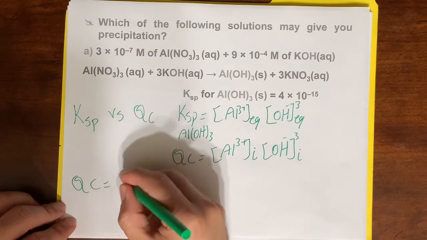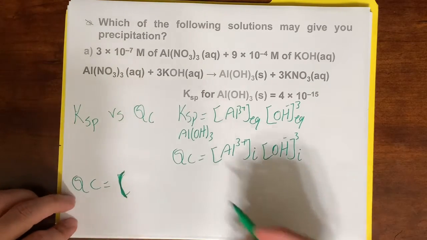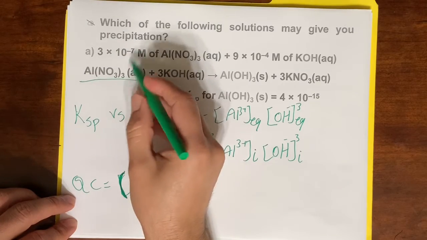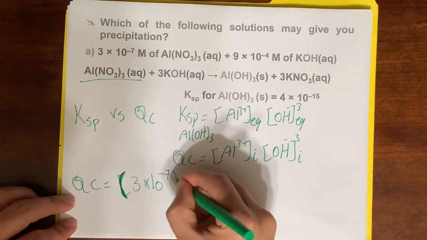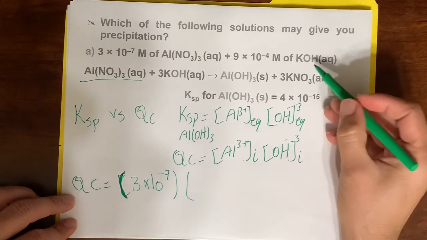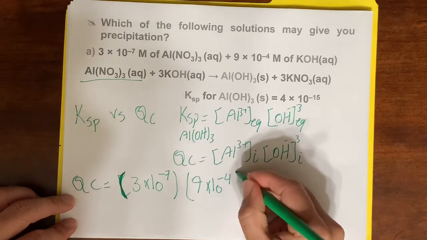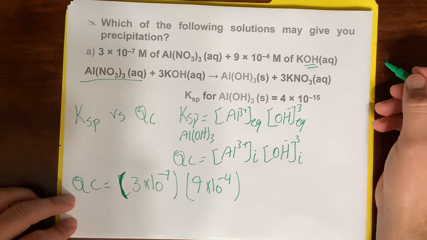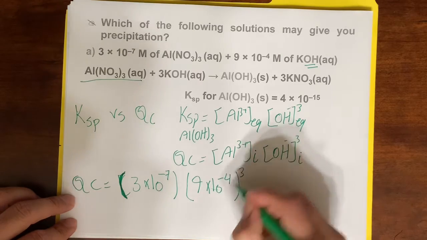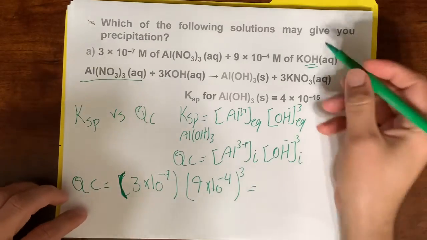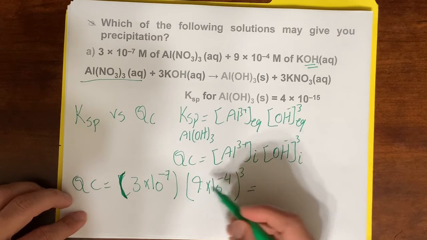So now get the Qc. What's the concentration of aluminum? Look at the source of aluminum. We added aluminum as aluminum nitrate, and the concentration for it is 3 multiplied by 10 to the power of minus 7. For hydroxide, we added it as KOH, and it's 9 multiplied by 10 to the power of minus 4, and it's generating only 1 OH. So I'm going to use this number exactly to the third. But by chance, if this was, for example, 3, then I would have to multiply 9 by 3, and then say to the third.